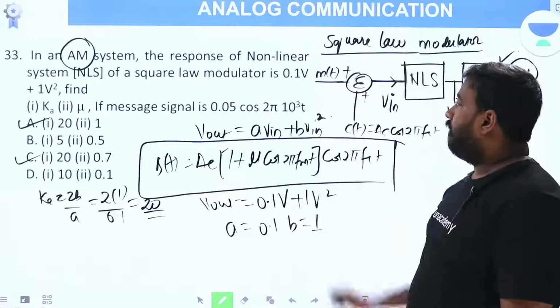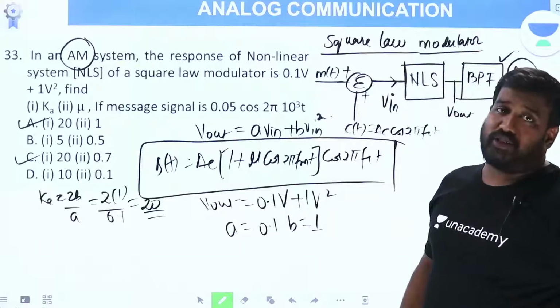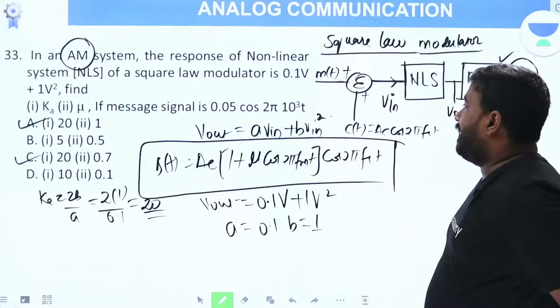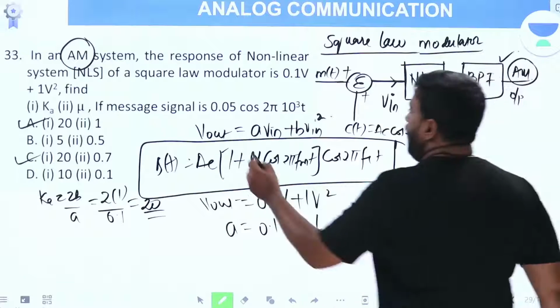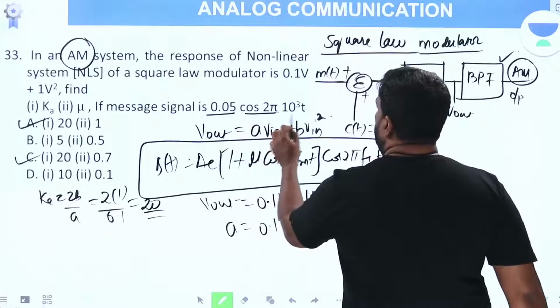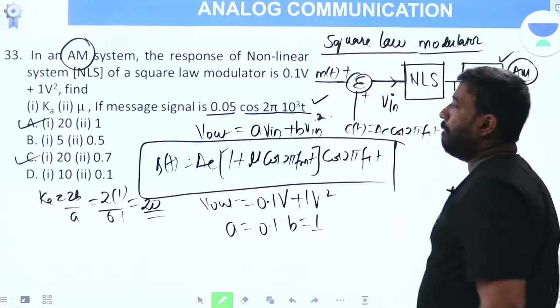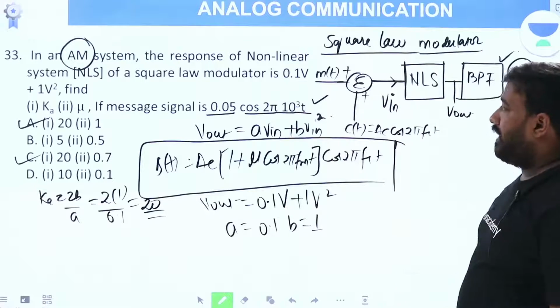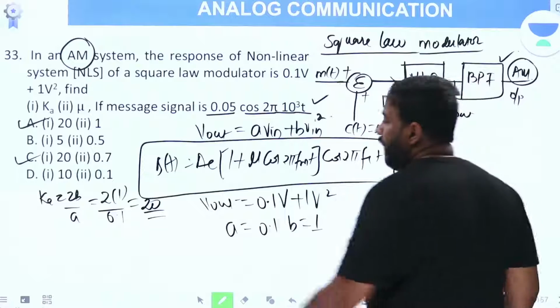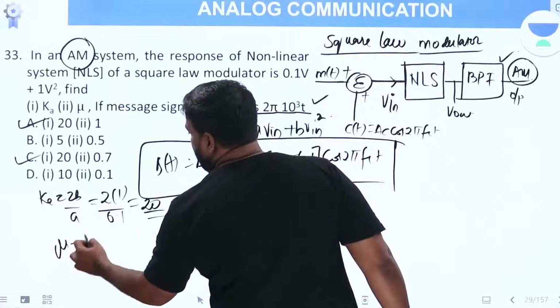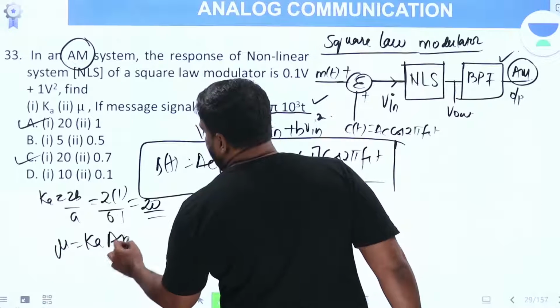Next, it is also asking us to find the value of mu, if the message signal is 0.05 cos of 2 pi into 10 power 3 t. What is mu? Mu is equal to Ka into Am.